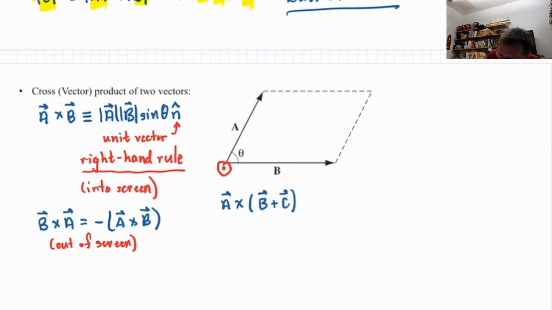So this is equal to the result that I get when I do the cross product A cross B, added to the result I get when I do the cross product A cross C. So that's important, and that's helpful to know.